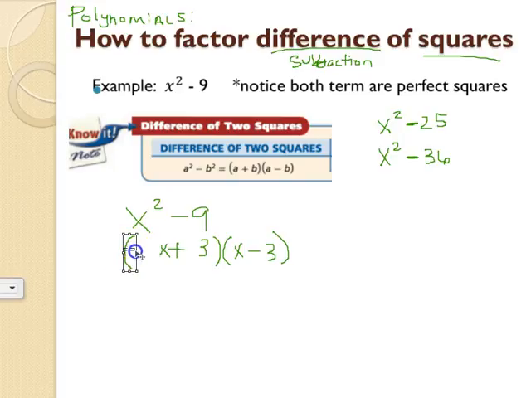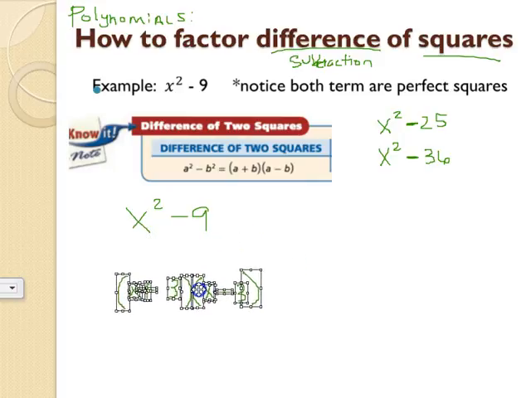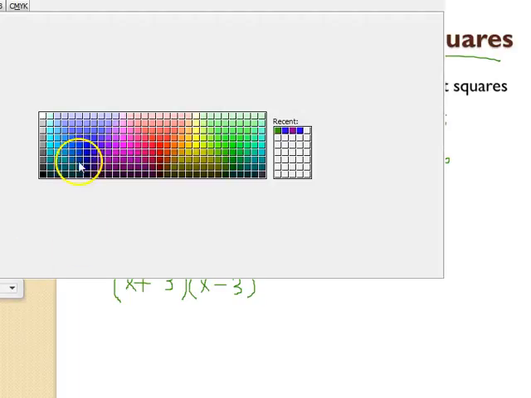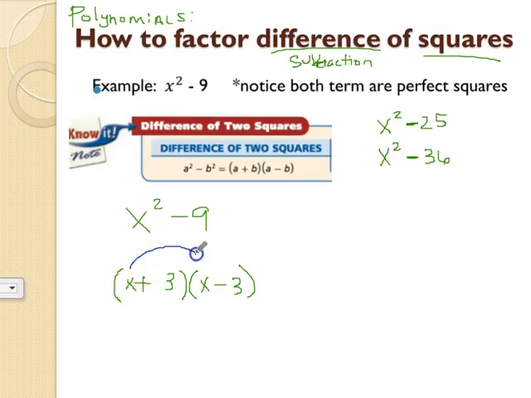Let's test that and make sure that works. Let's go ahead and distribute and see if that actually worked. When we distribute, we always start with x and multiply it by x. We get x squared. x times negative 3 is negative 3x. And then we're going to do the same. x times 3 is plus 3x.